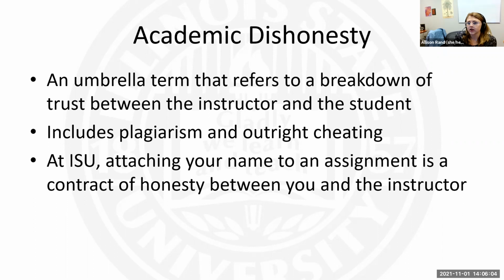This is important to understand because when it comes to plagiarism and cheating, there are some nice definitions that are tied up in a bow, but academic dishonesty can often be broader than people think. A lot of times when students get caught, particularly with plagiarism, it's because they didn't know that what they were doing was a breach of academic integrity. So just keep in mind as we move forward that it can be a broader term than you might initially think.